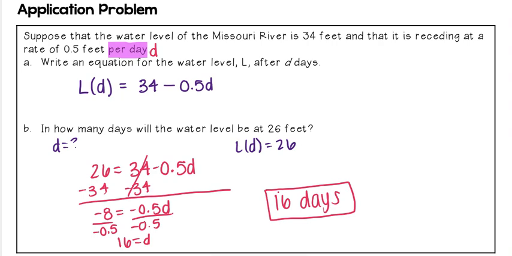And now, just like in chapter 3.3, you may get questions where it asks the other way around. So maybe you had the question, what will the water level be at 9 days?